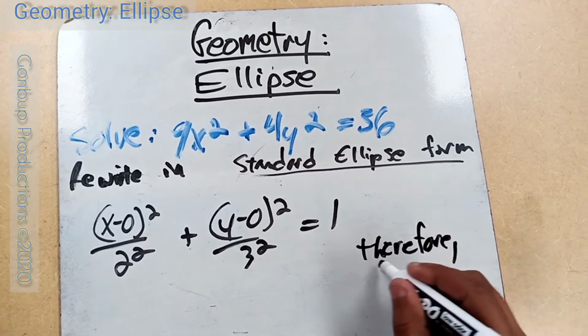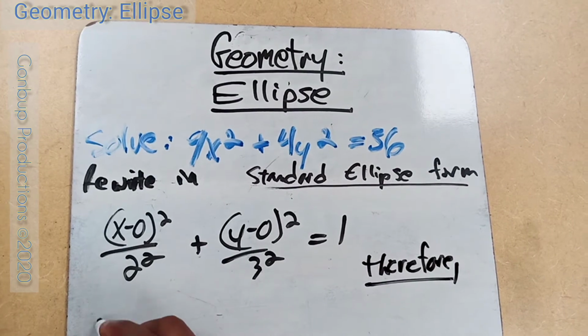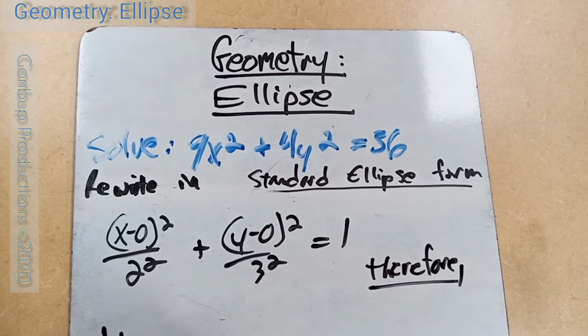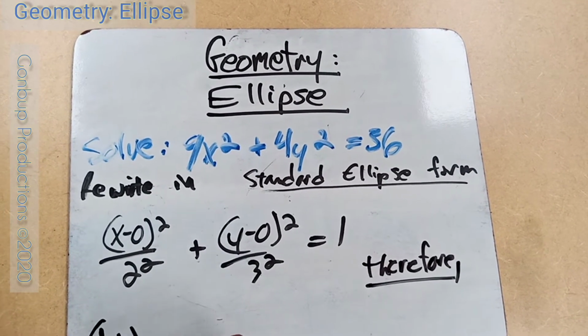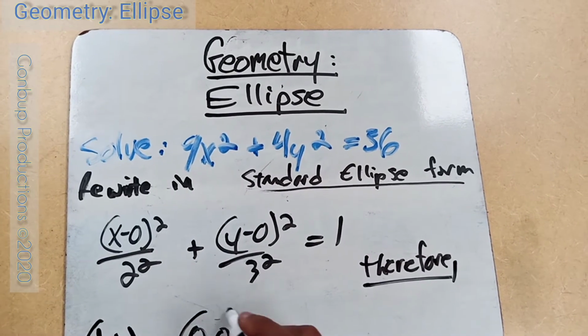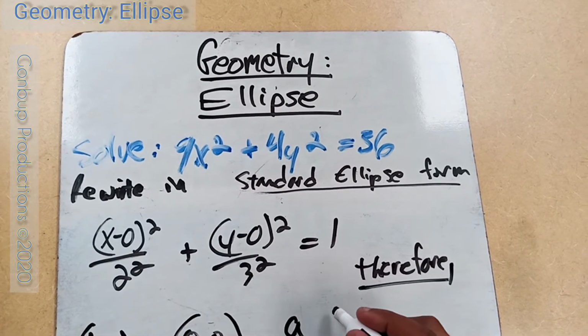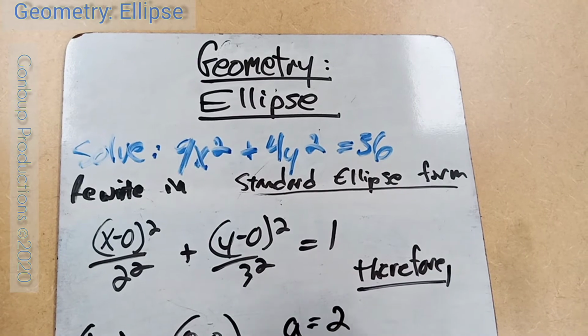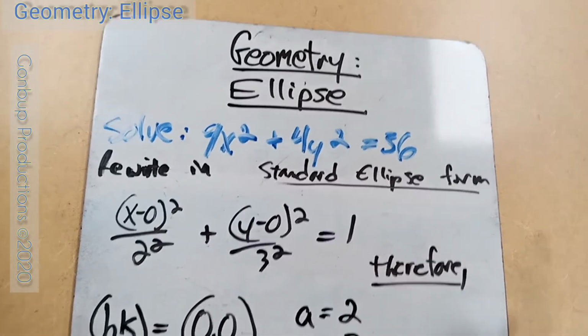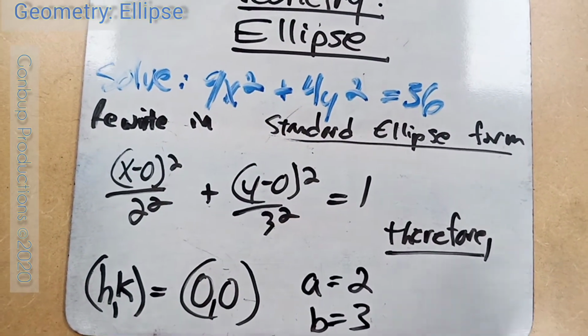This means that our h and k are 0 because there's nothing there, which is going to be our origin, and our a equals 2 and our b equals 3.